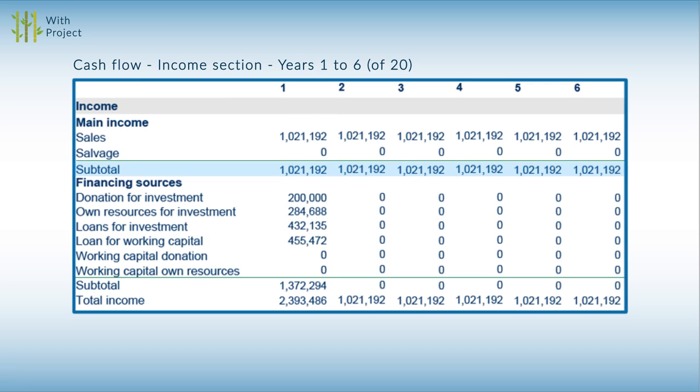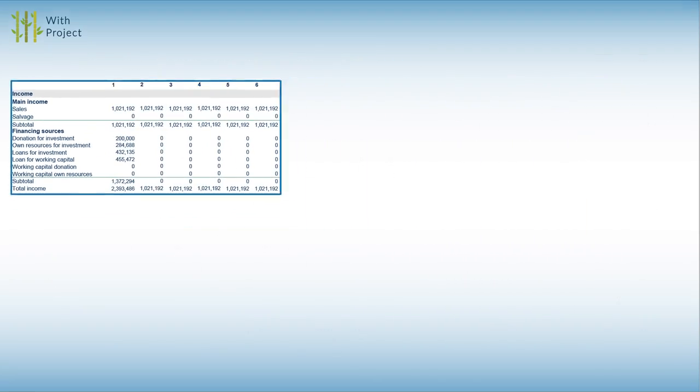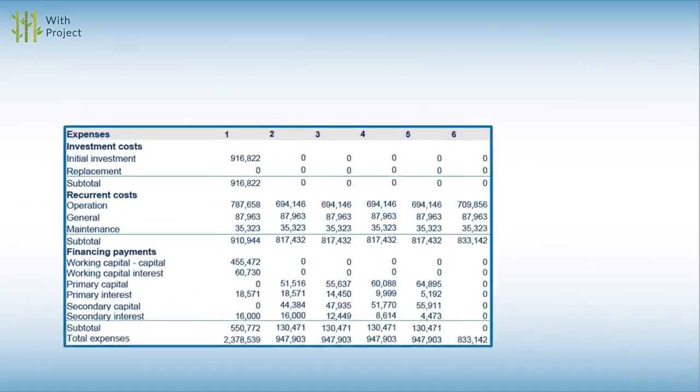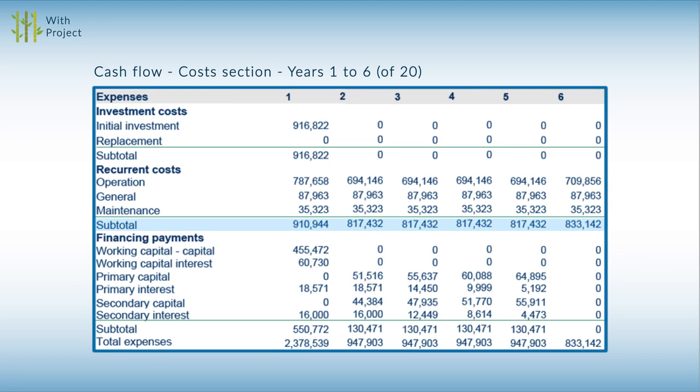Next, we can see that the total cash income, defined in each block, is captured in the main income section under the row showing cash sales. Similarly, the total cash costs, defined in each block, are also captured, this time in the recurrent cost section where the operational costs are shown.